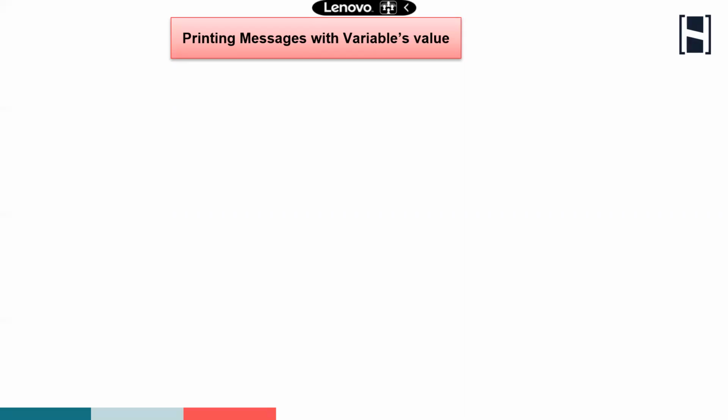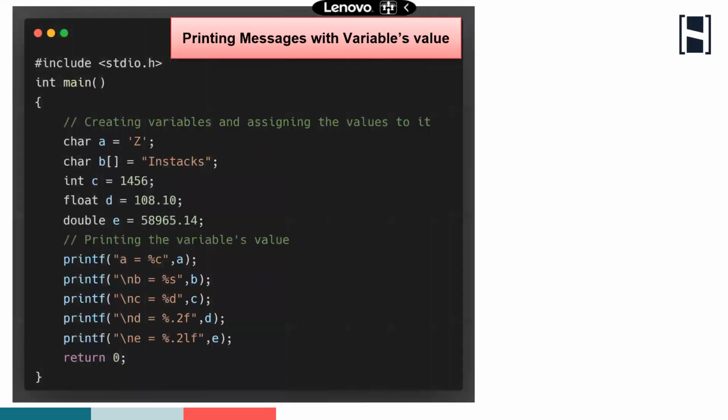So what I'm going to do is first create some variables. You know all the fundamental data types we have; we have already discussed them. So I am creating a variable of each and every data type. And in our previous video, remember we also discussed the format specifiers.